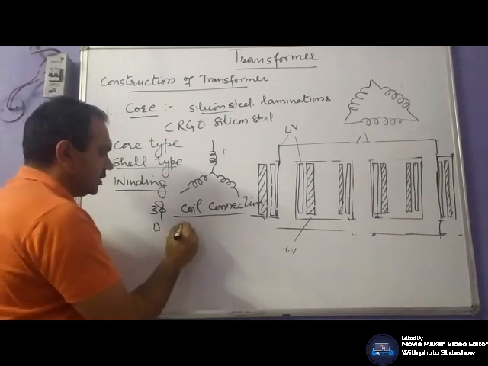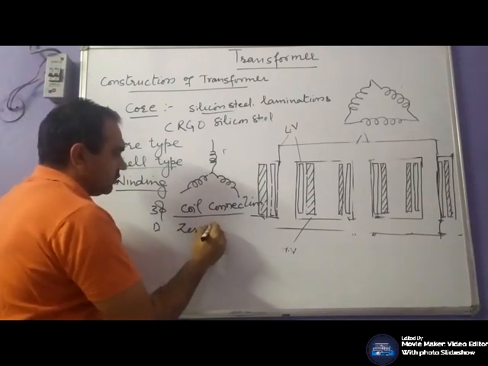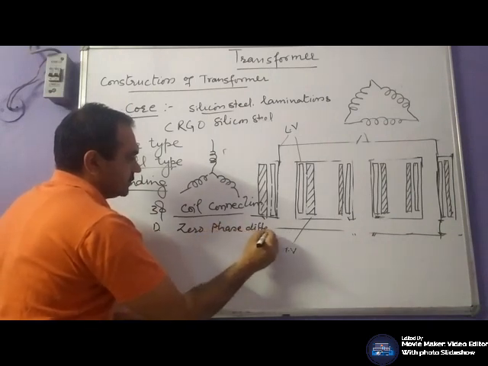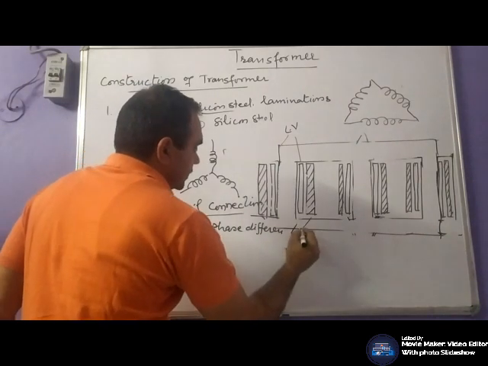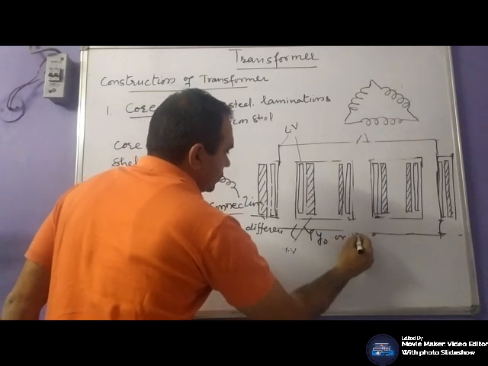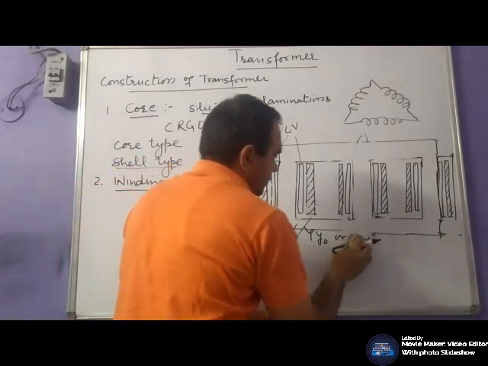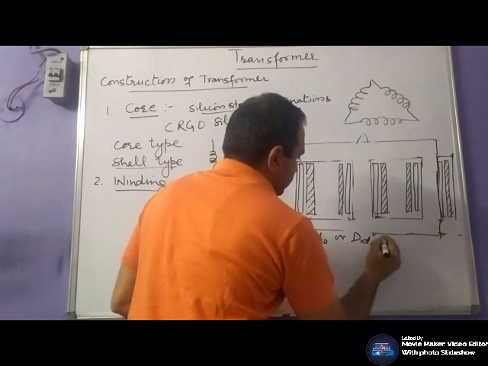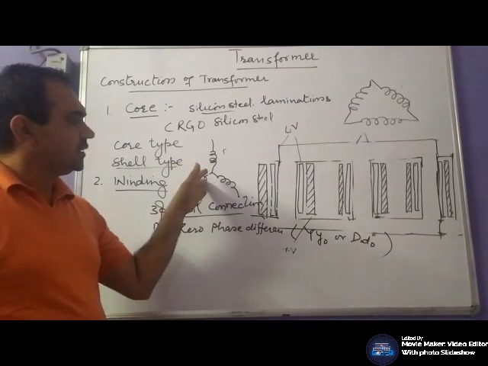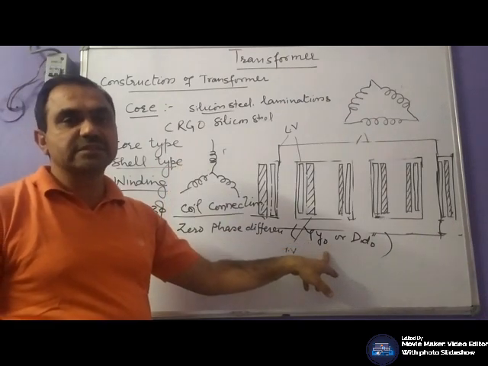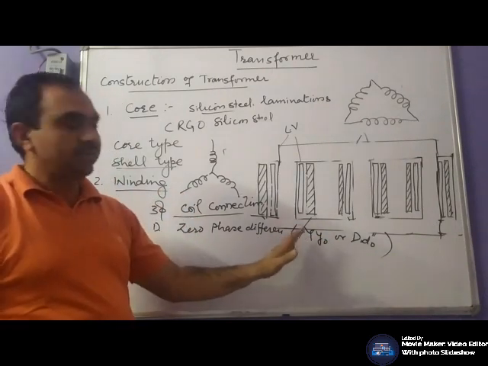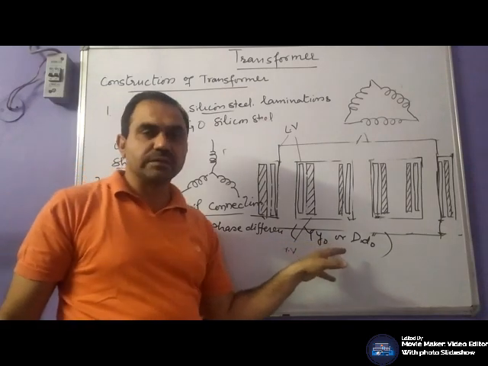The first group is zero phase displacement, termed YY0 or DD0. It means the primary winding is star connected, the secondary winding is star connected, and the phase displacement between both windings is 0. They are connected in such a way that the phase displacement is 0.